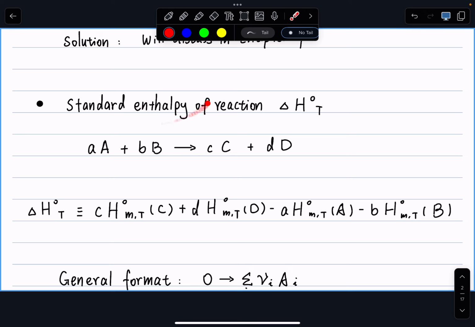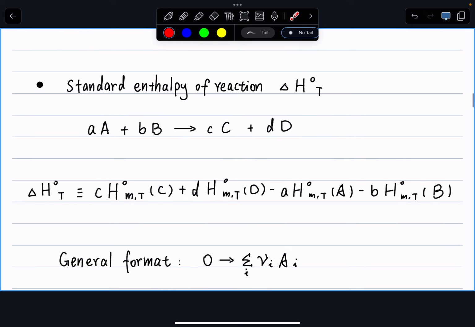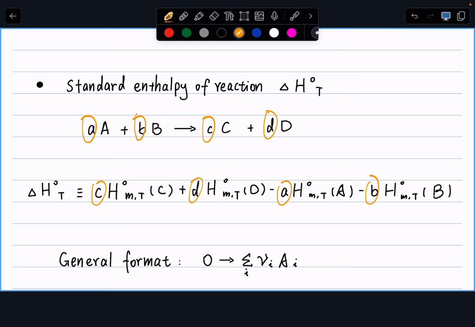Next, the standard enthalpy of reaction and how to calculate it from the table. Again, we have this general reaction, aA plus bB equals cC plus dD. In general, when we're calculating delta H naught of a reaction, it's product minus reactant, right? So in this case, what do we have? First, we have all these coefficients. These are my stoichiometric coefficients, positive for product, negative for reactant.